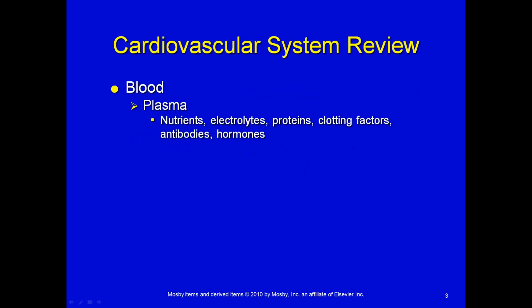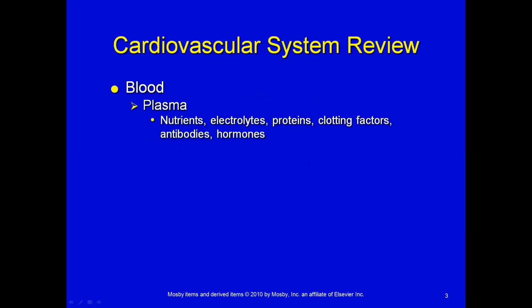Now, one of the important aspects of perfusion is blood. And blood contains plasma. And plasma is your transport medium. Within the plasma lie the cellular nutrients, the electrolytes to include your potassium, sodium, calcium, magnesium, proteins, clotting factors, antibodies, and hormones.